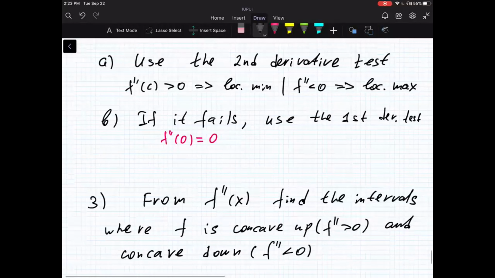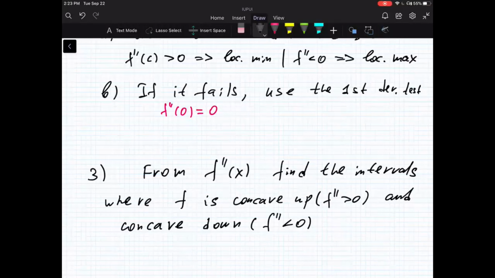And I forgot to say that the first derivative test means that you write your zeros on the line, x0, x1, zeros of f prime, and find, say, when the function is increasing, decreasing, and stuff like that.